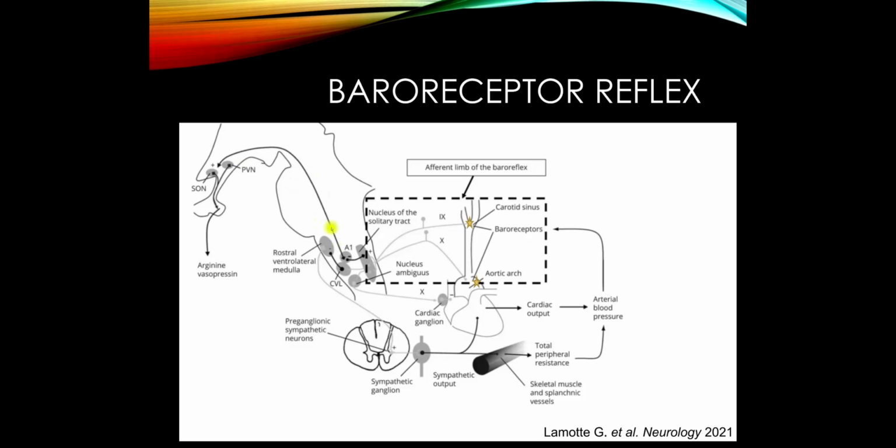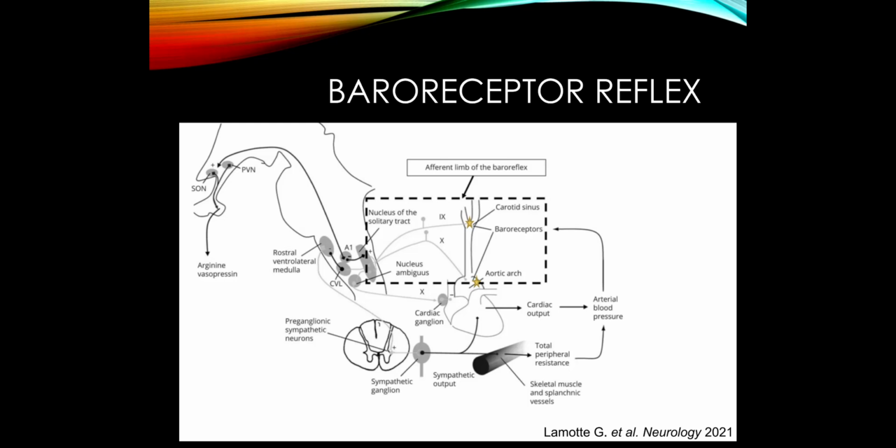And now notice that normally this pathway will stimulate the hypothalamus to release arginine vasopressin. Okay? But when your pulse and blood pressure is elevated, okay, this actually ends up inhibiting this area in the medulla that normally wants to stimulate the hypothalamus. So you actually get a reduced release of arginine vasopressin.